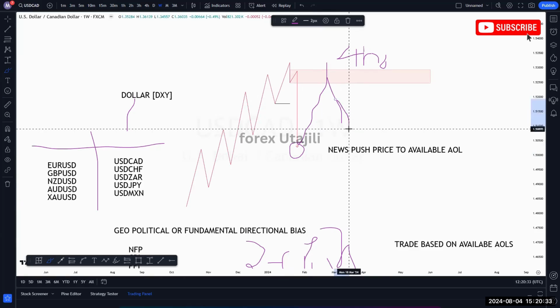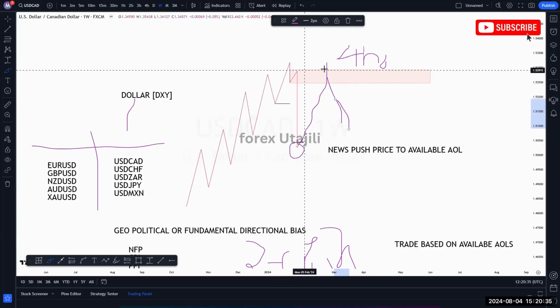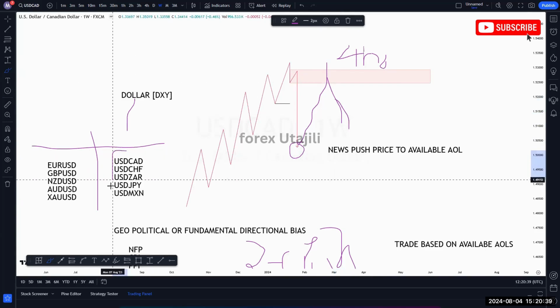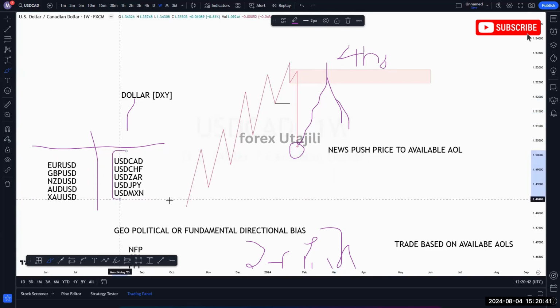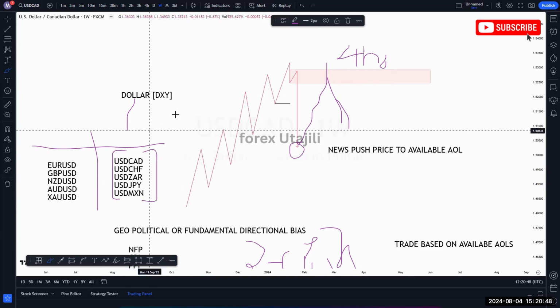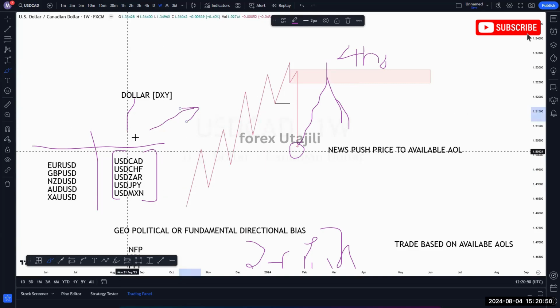Meaning we shall also be buying these pairs because they start with the USD, so whatever direction the dollar is moving, these will also move in the same direction: USD/CAD, USD/CHF, USD/ZAR, USD/JPY, and USD/MXN.